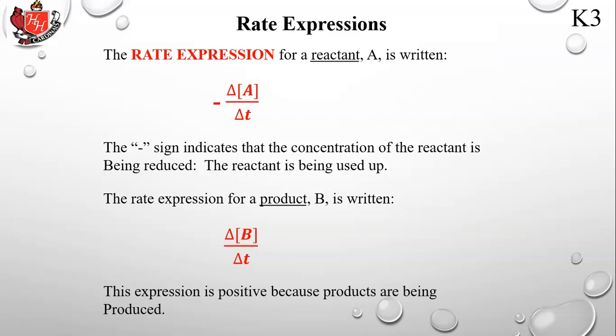And the negative sign indicates that the concentration of the reactant is being reduced. The reactant is being used up. The rate expression for product B is written as delta concentration of B over change in time. This expression is positive because products are being produced.